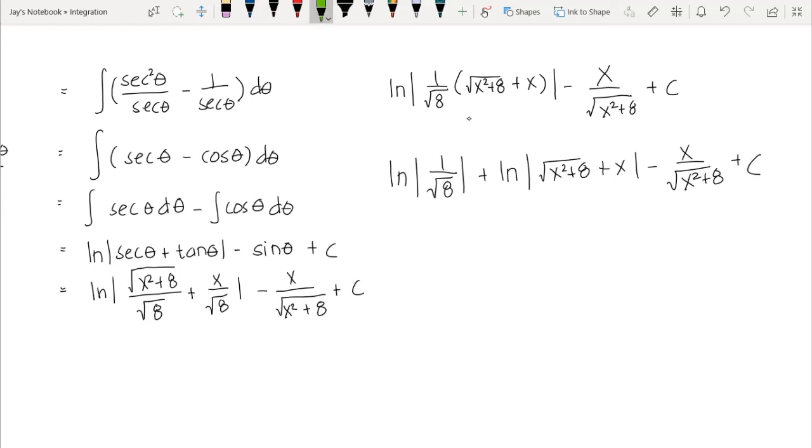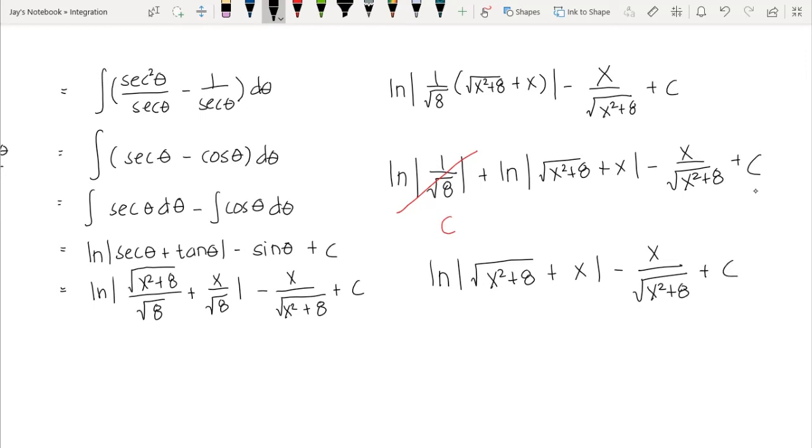Okay, now we know that the natural logarithm of 1 over square root of 8 is a constant. So we can substitute this as a constant. If we add the constant here and the constant on the right side, the answer would be a constant. So therefore, our final answer here is the natural logarithm of square root of x squared plus 8 plus x minus x over square root of x squared plus 8 plus c.